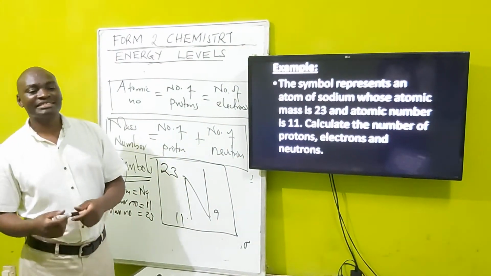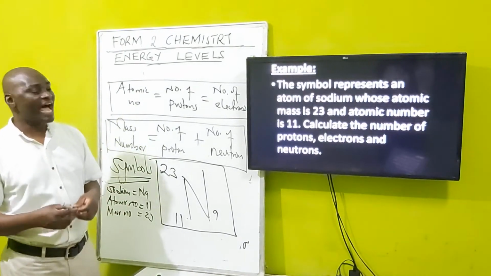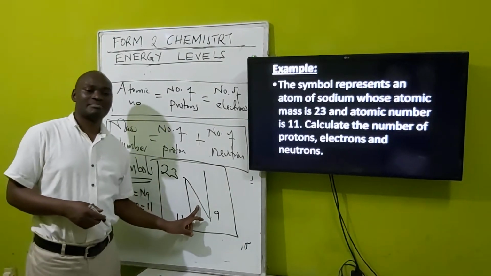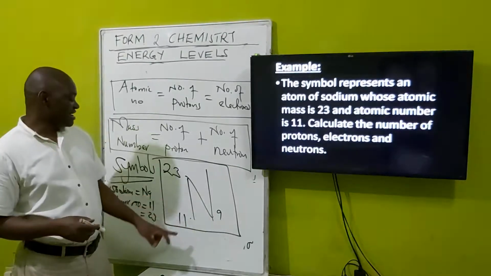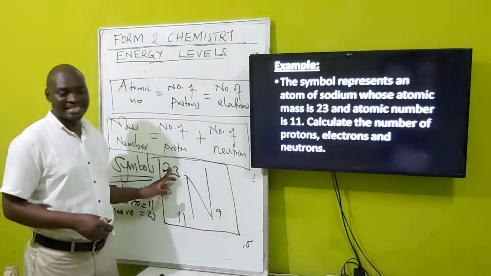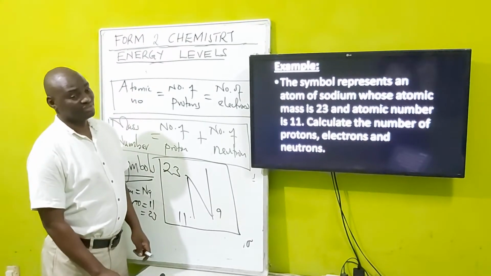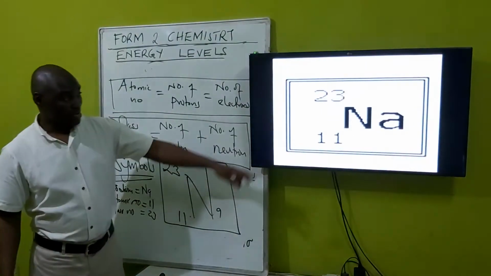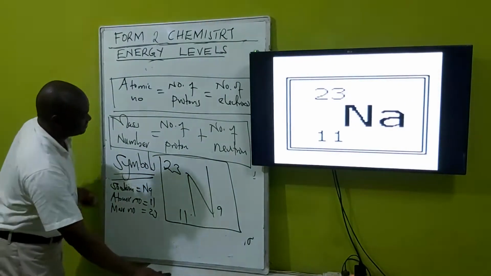So example, the symbol represents an atom of sodium whose atomic number is 11 and the mass number is 23. So that is sodium atom.